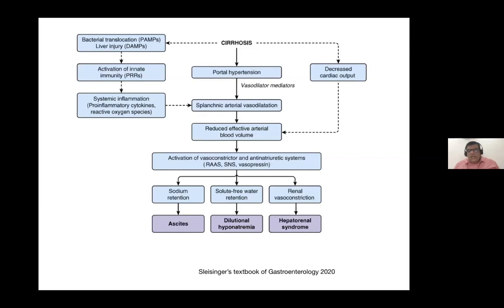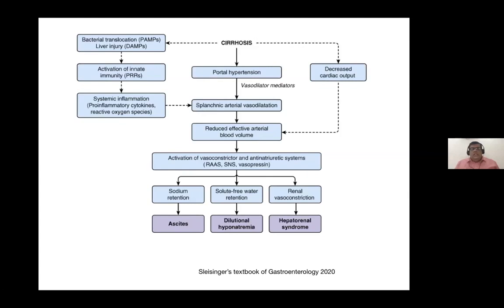Excessive water retention, out of proportion to sodium retention, produces dilutional hyponatremia, and severe vasoconstriction, which is initially a compensatory mechanism to maintain renal glomerular perfusion, when excessive, will give rise to hepatorenal syndrome. We all know that all these are simplifications, whereas in reality, most of these happen in different proportions in each patient.